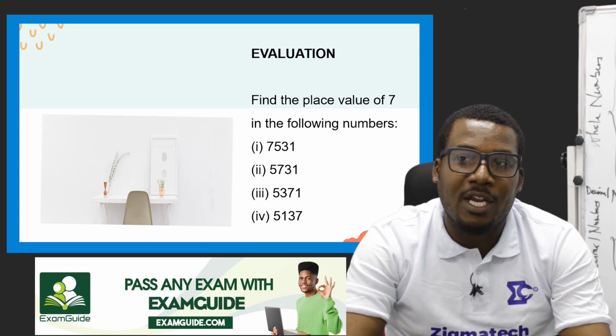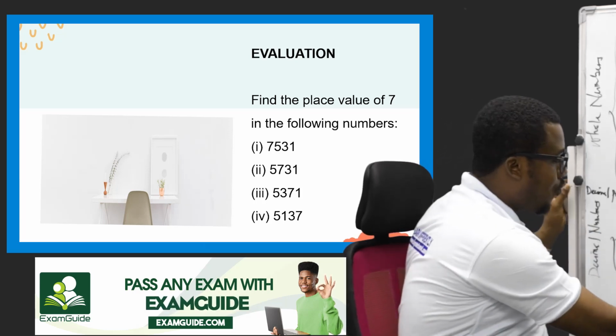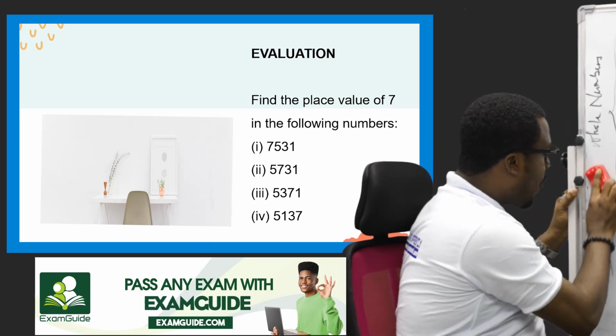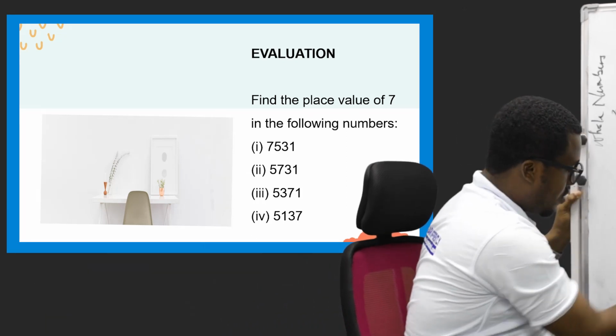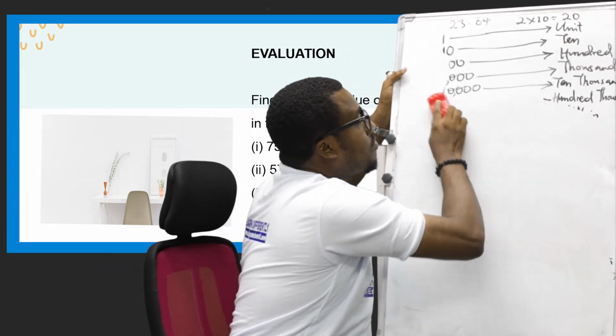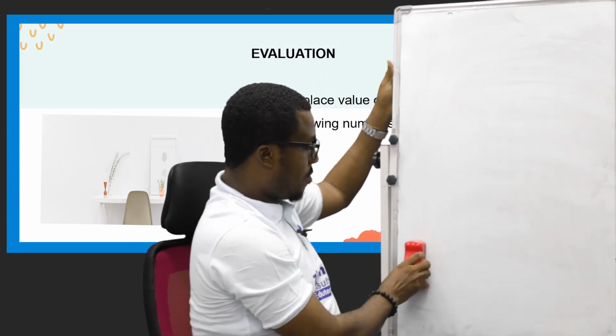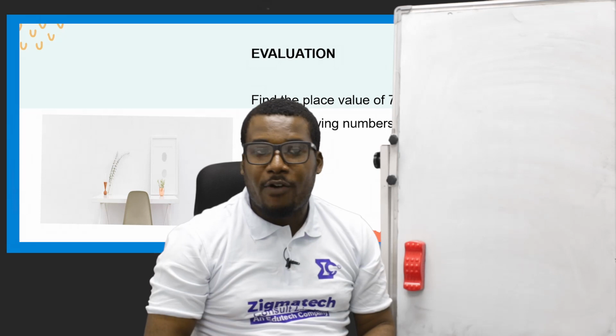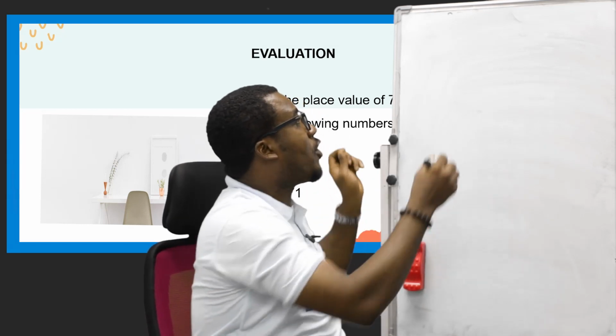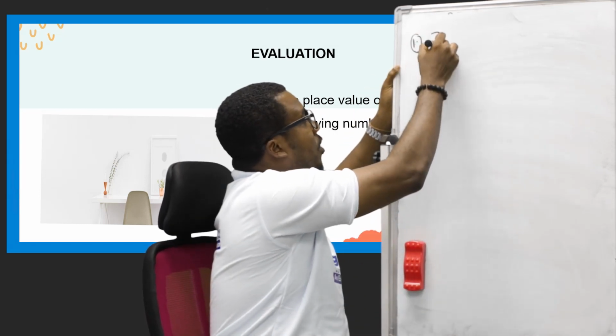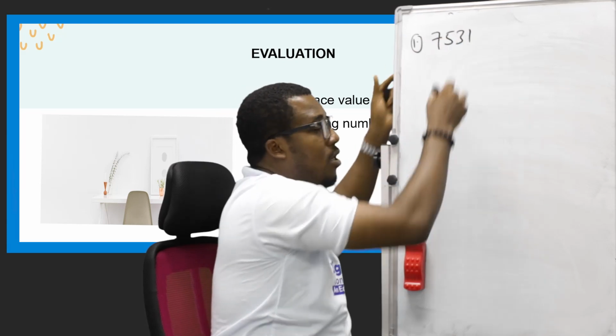Now, the key thing to understand there, let me just quickly remove everything on this board. While we are concluding, the key thing to understand is that they all fall under different positions. The first one was 7531.